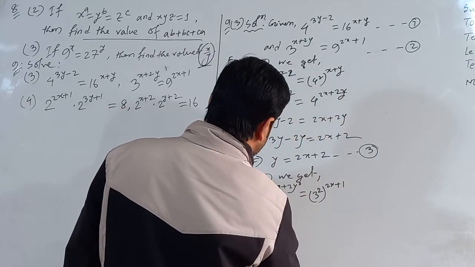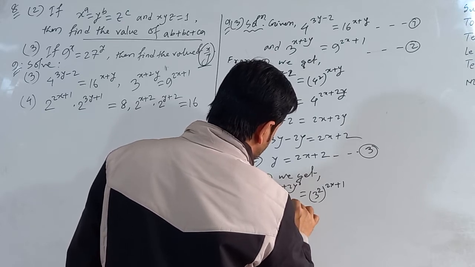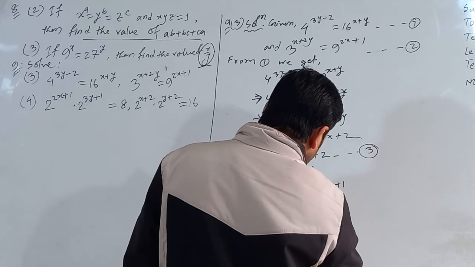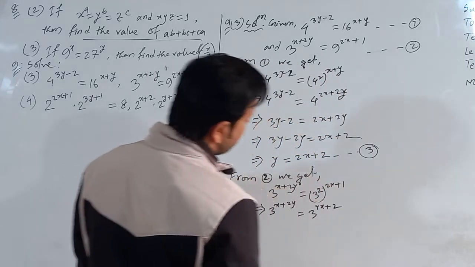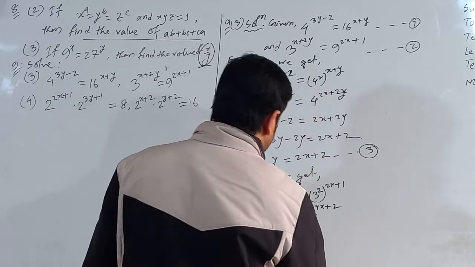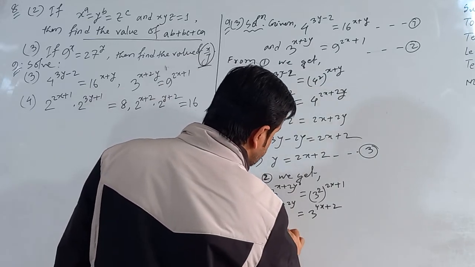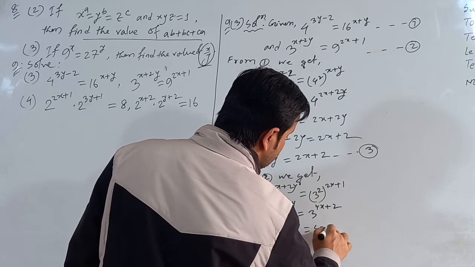So now express this as 3 to the power x plus 2y is equal to 3 to the power 4x plus 2, as power of power and whole power we need to do the product. As bases are same, again we can write x plus 2y equal to 4x plus 2.